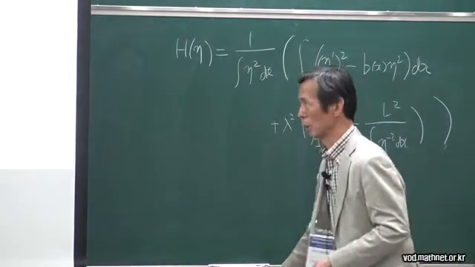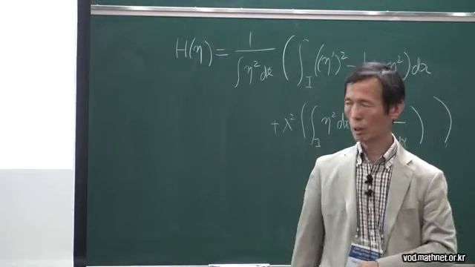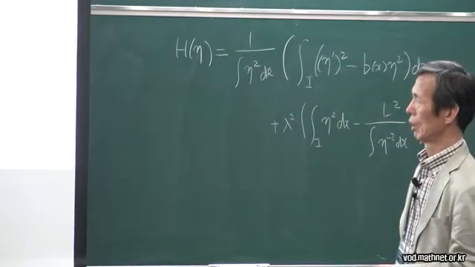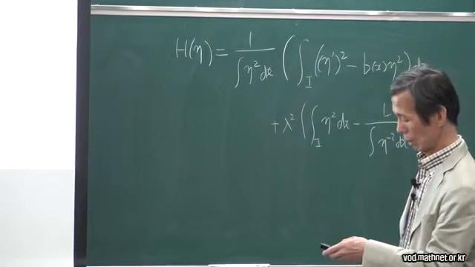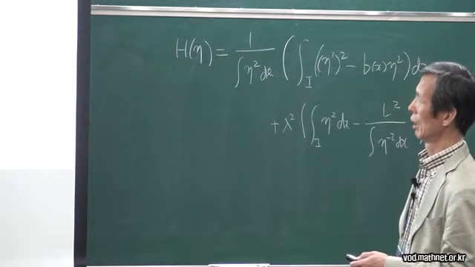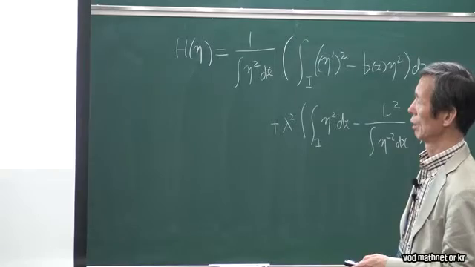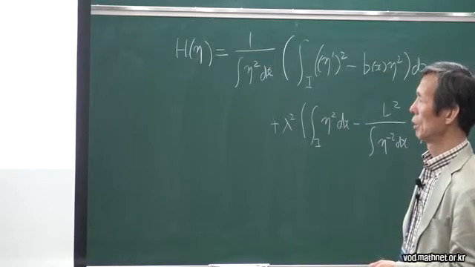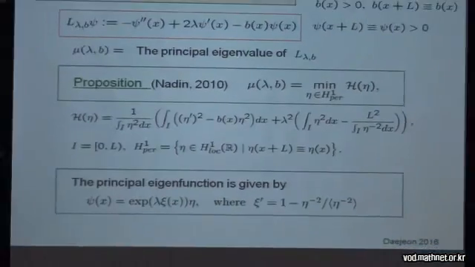It looks a bit complicated, but you can easily check that this gives the principal eigenvalue. But the principal eigenfunction is not given by eta itself.